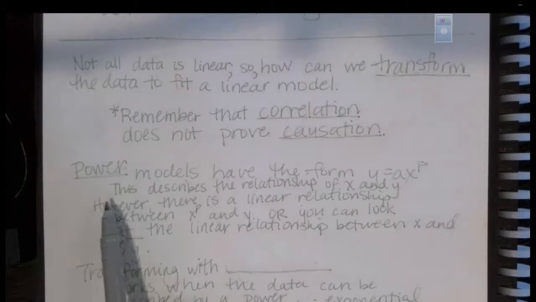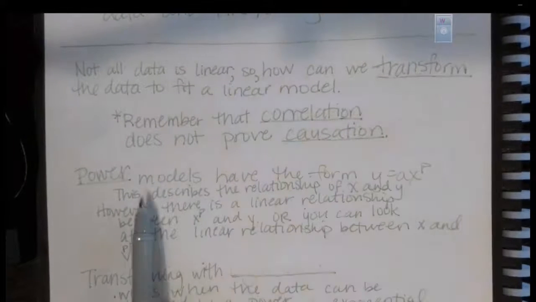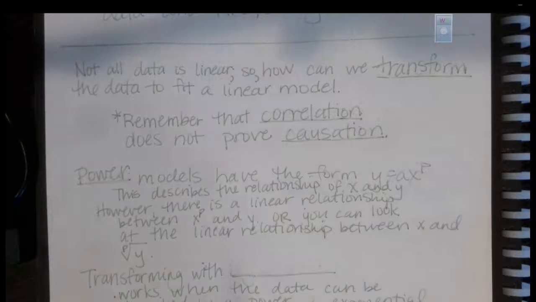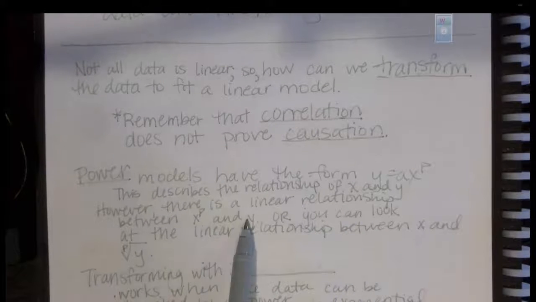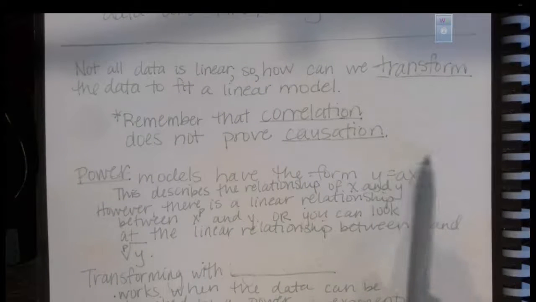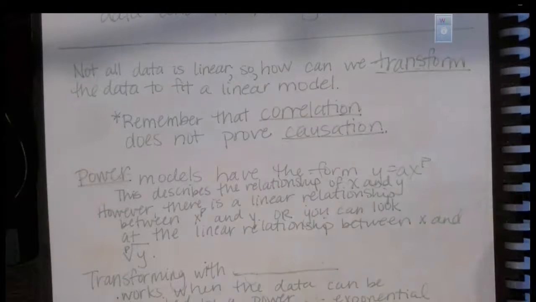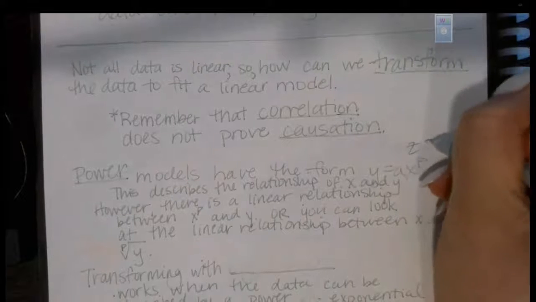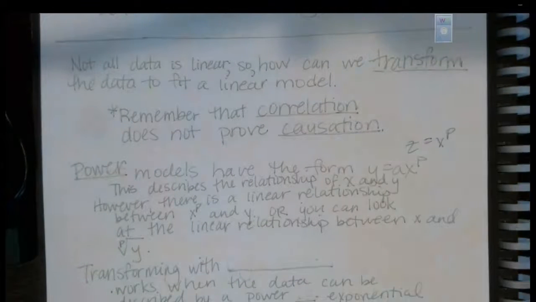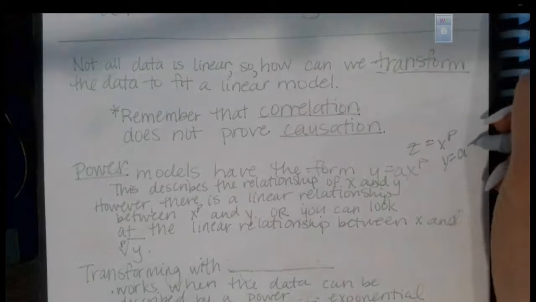So power models have the form y equals ax to the p. This describes the relationship of x and y. However, there is a linear relationship between x to the p and y. If this was our whole variable here, we could make z equals x to the p, so then you would just have y equals az.